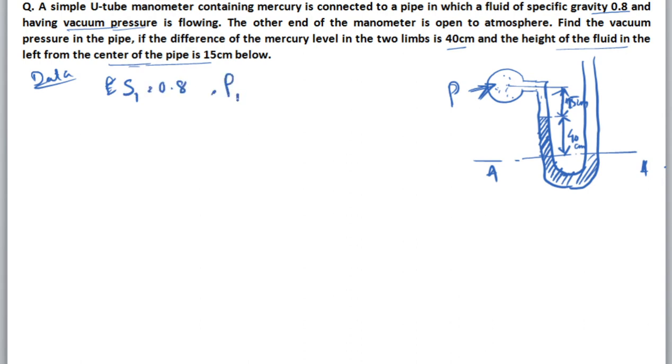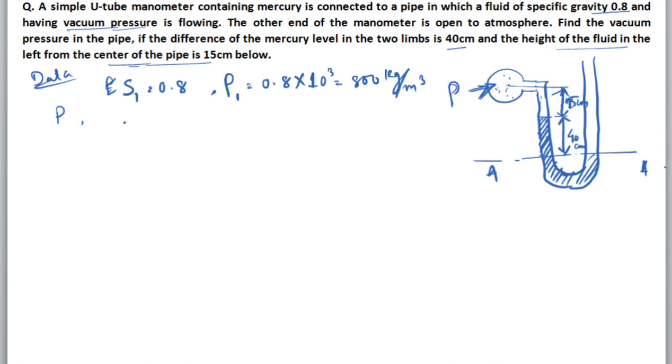So the density of the light fluid is equal to 0.8, the specific gravity, into the density of water. So 0.8 into the density of water, 10 to the power 3, is equal to 800 kg per meter cube. That is the density of the light liquid flowing with a vacuum pressure of P.